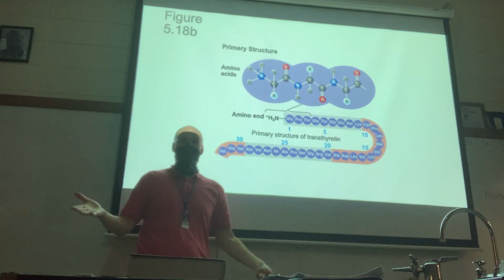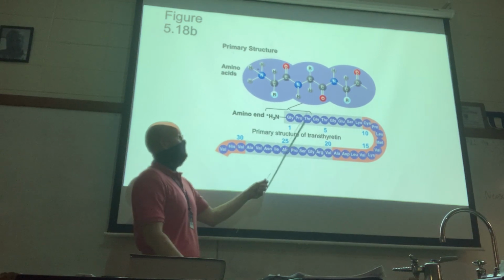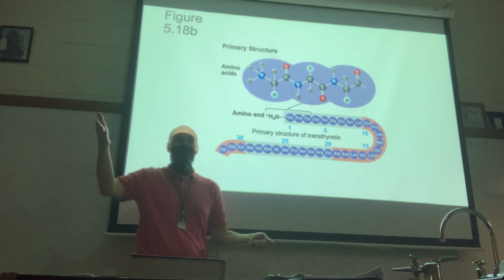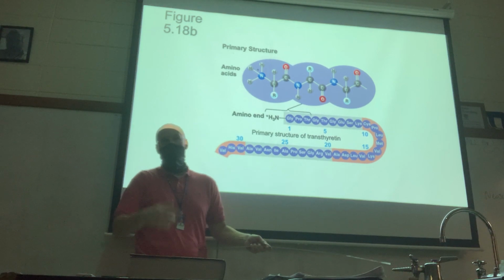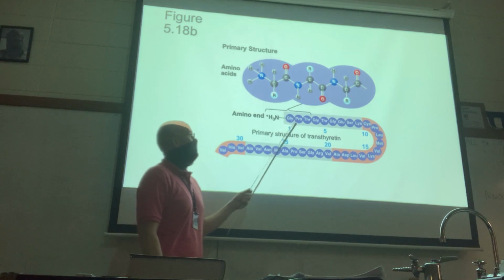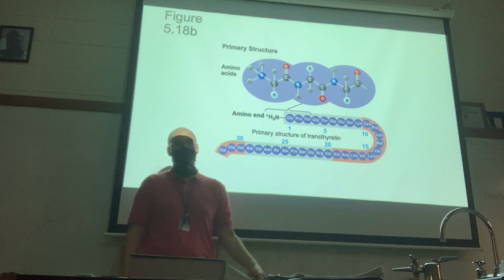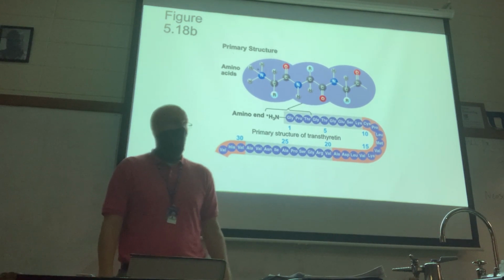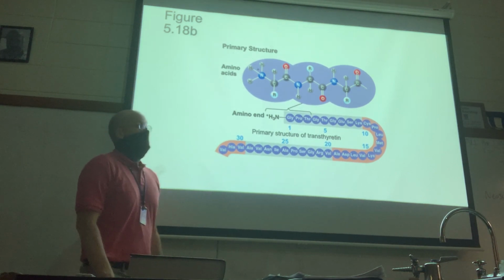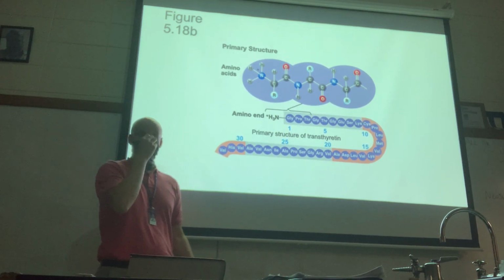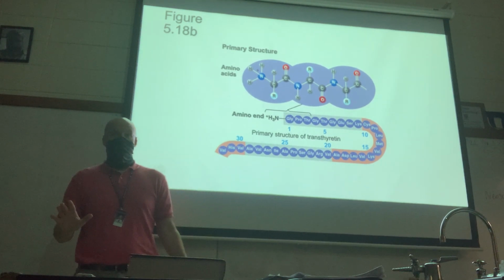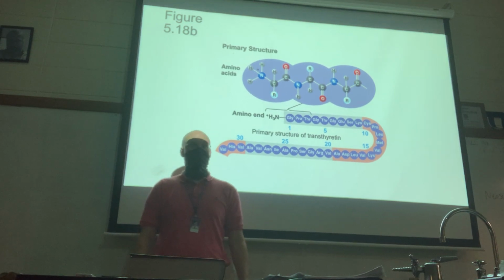You do not need to know any of them, but if you ever see something like this, I do want you to think in your head, that is an amino acid and not a sugar or a fat. So these 3-letter abbreviations are very commonly used for amino acids. So primary structure is simply the order of amino acids. That's it. That's what I want you to know.